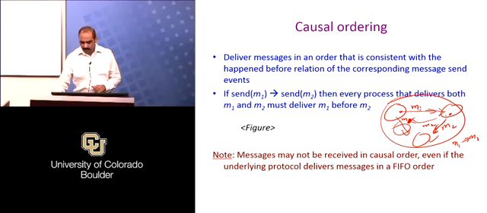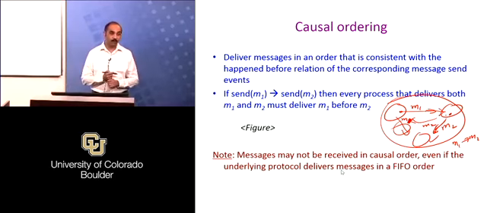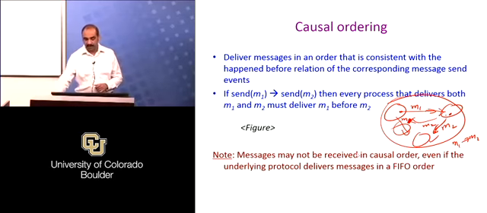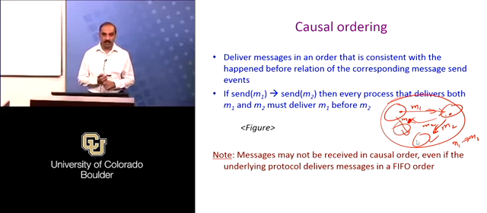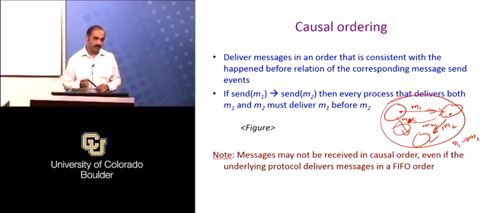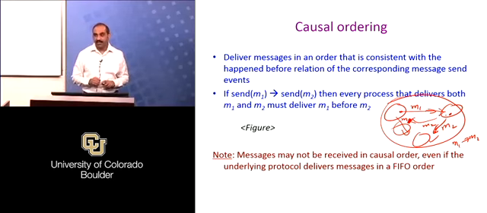Now, as we saw in this example, messages may not be received in causal order, even if the underlying protocol delivers messages in FIFO order. So this is an example where FIFO is respected, but causal order may not be. Yes, in this case, M1 doesn't necessarily have to have anything to do with the outcome of M2, it just has the potential to have the outcome. That's a very good observation.